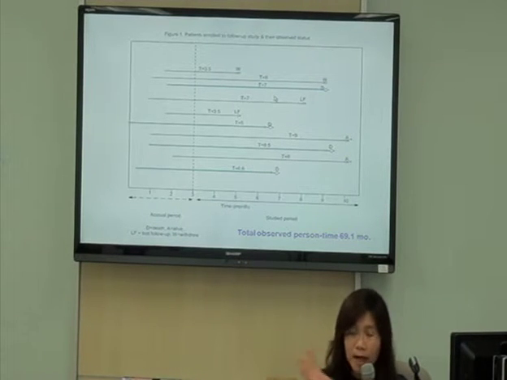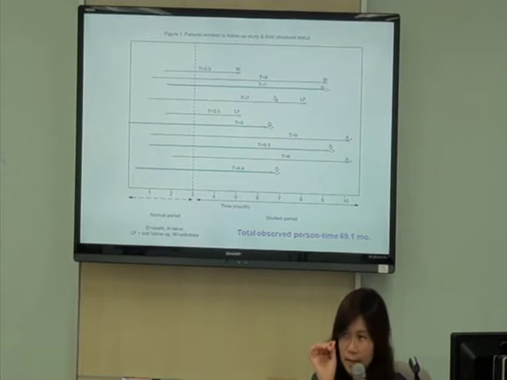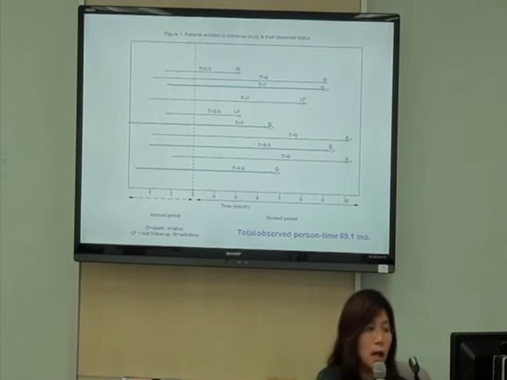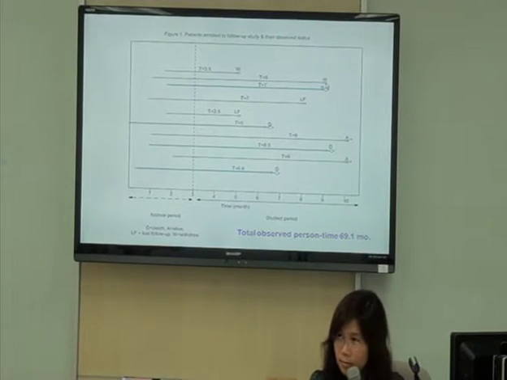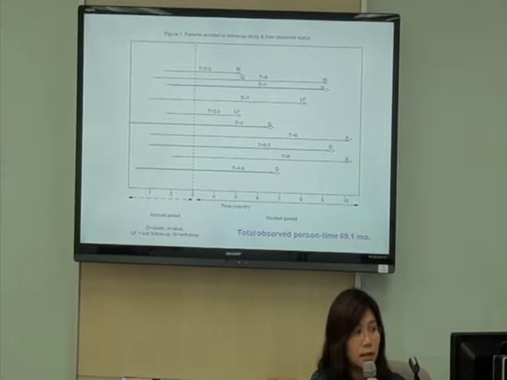And the third part is what is the status of each subject on that end date. This patient on that end date, she is dead. This patient on that end date, she is censored. This patient, she is censored, for example.